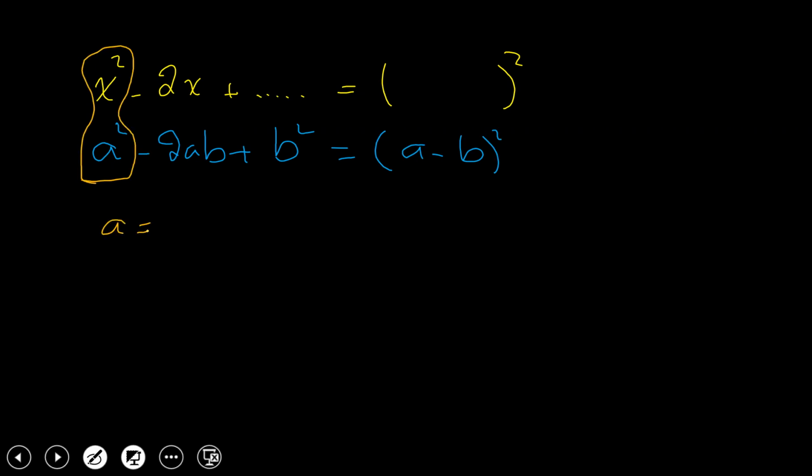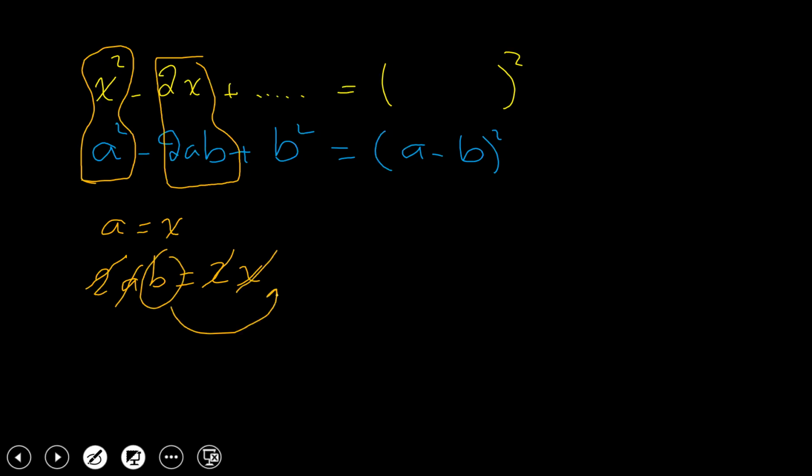So a is x. Here we have 2x, 2ab. So 2ab is 2x. 2 is like 2. A is like x. So b is like what?